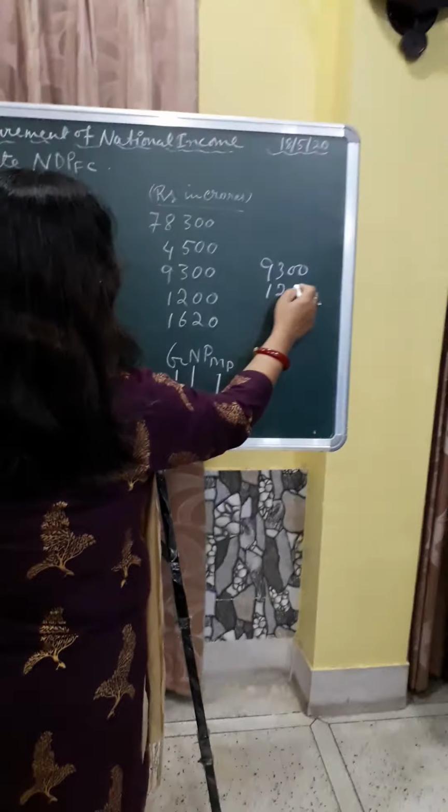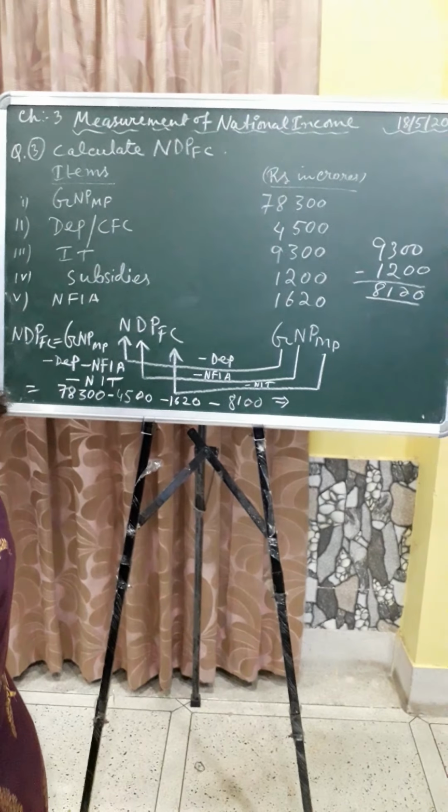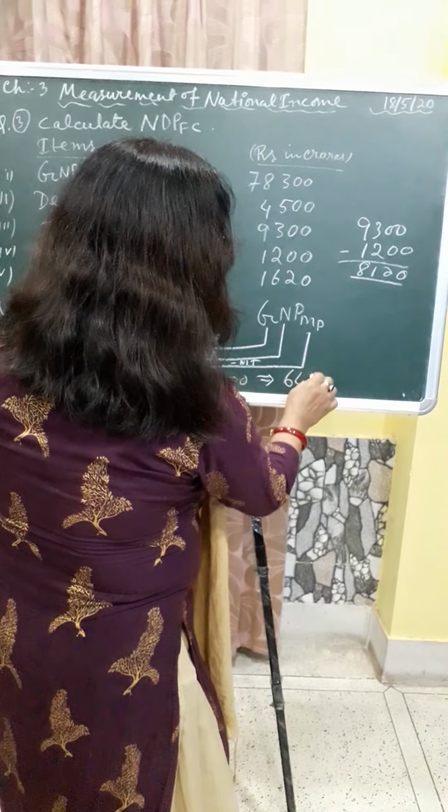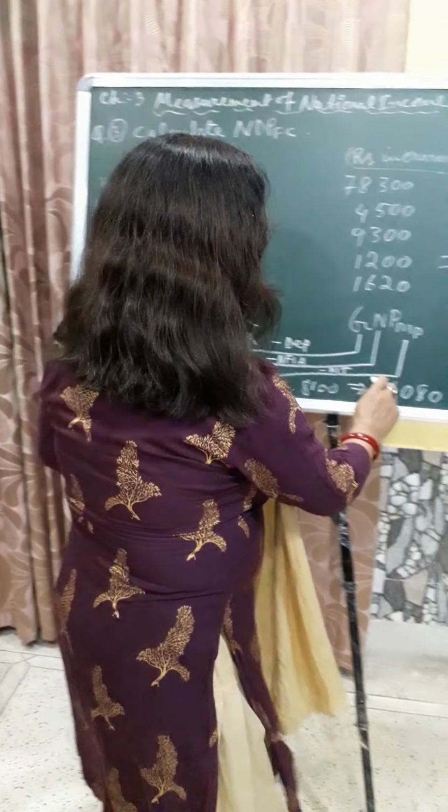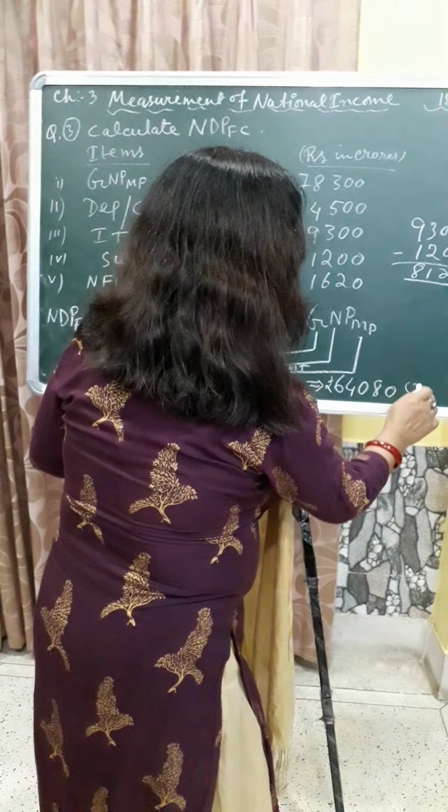This is the NIT, 8100. So you calculate, and the answer will be 64080 rupees crore. This is the method for calculation.